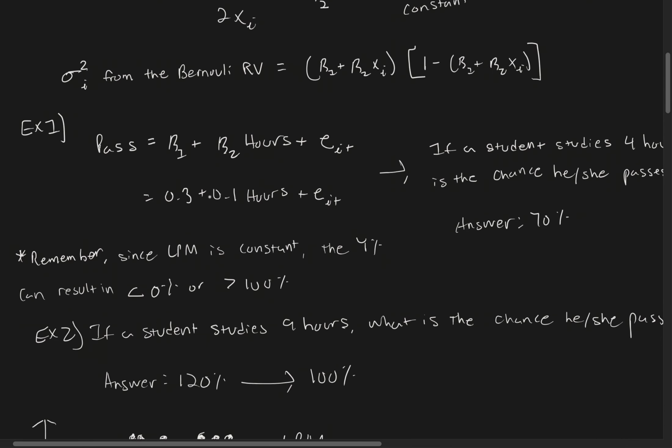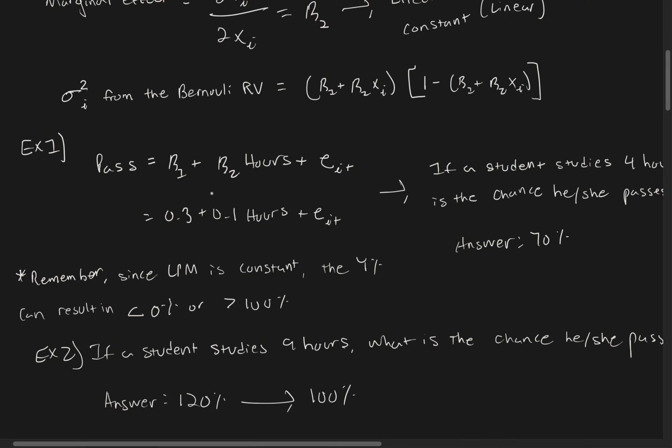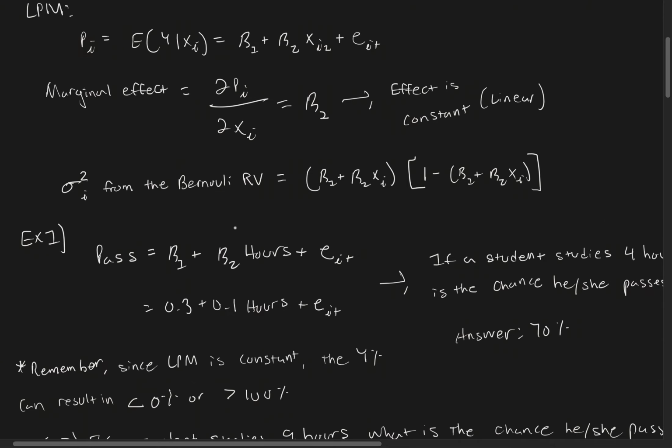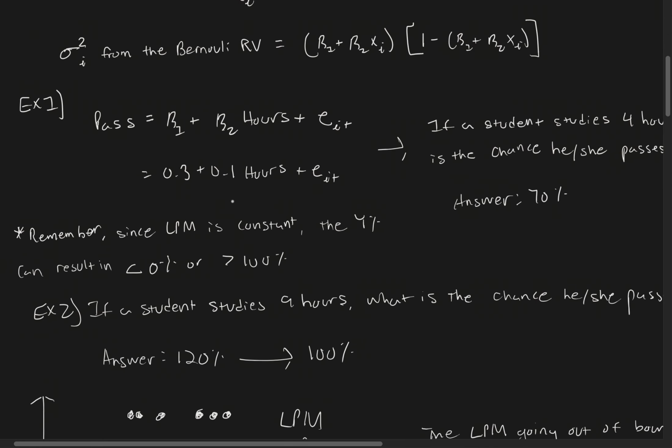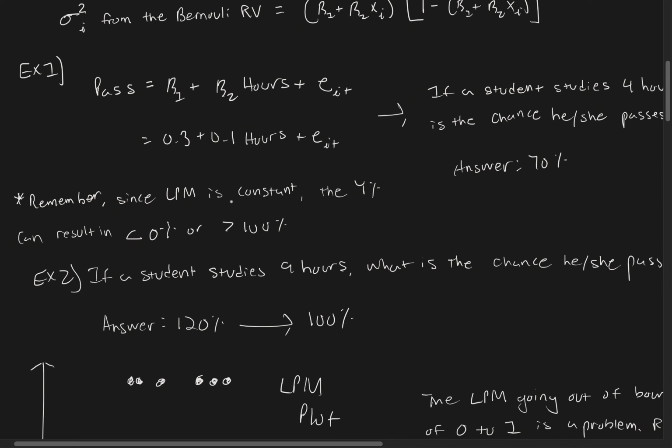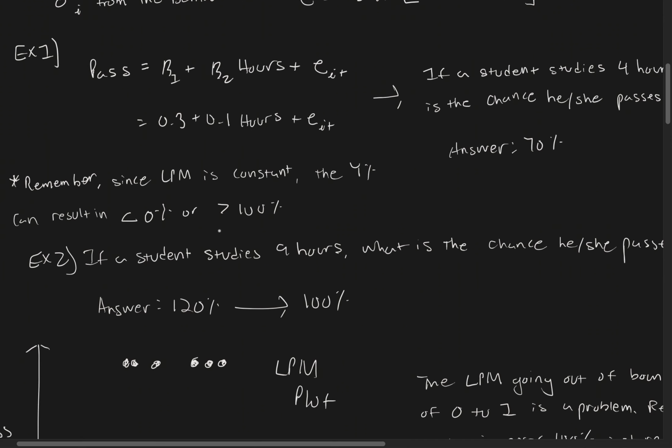Now remember that the LPM, linear probability model, is calculated linearly. That's important to know because oftentimes when we're outputting the LPM in the software, the probability can sometimes be given as less than 0% or over 100%.